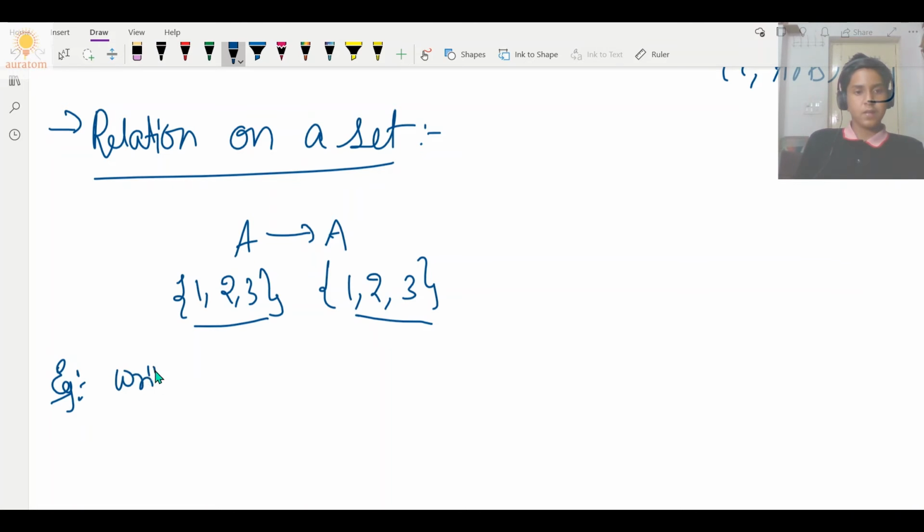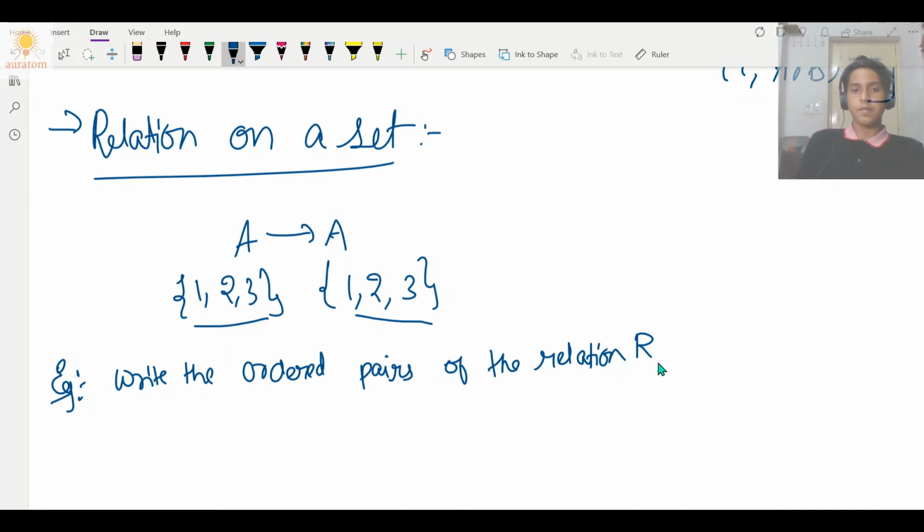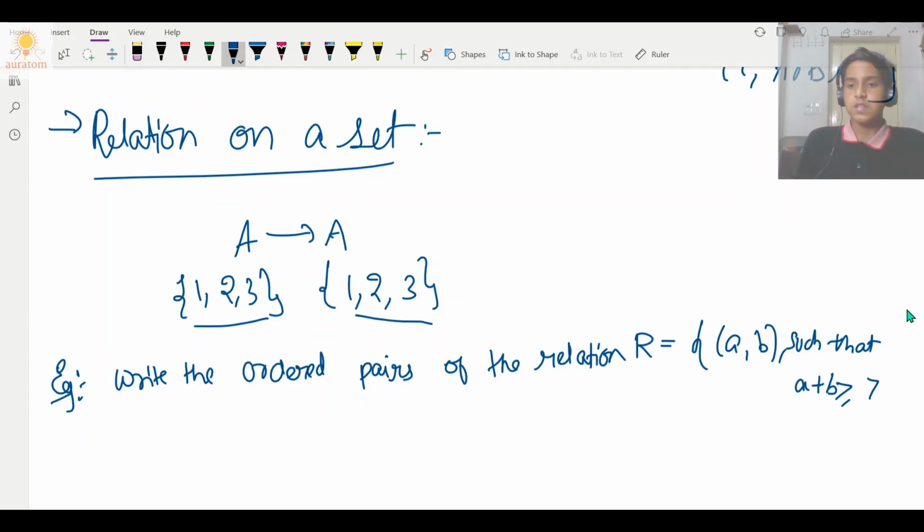Write the ordered pairs of the relation R equals (a, b), which is an ordered pair which satisfies the condition such that a plus b is greater than or equal to 7.